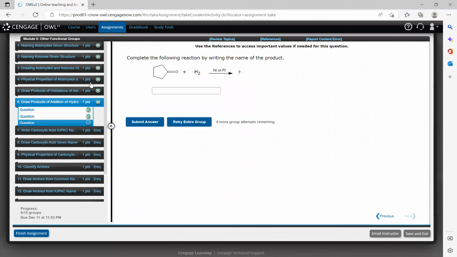And this says, complete the following reaction by writing the name of the product. So again, here what we're dealing with is cyclopentanone. What's going to end up happening is we're going to now have an alcohol group. So instead of having cyclopentanone, we're going to end up with this alcohol. So this will be cyclopentanol.